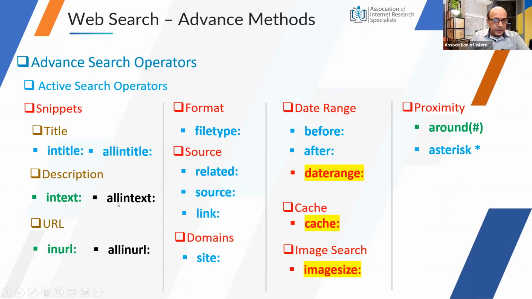It's pretty much the same for URL. When we are searching into a URL, we do inurl colon, and we also have the option to add the word all to it. So this is the area we organize under snippets: the three advanced operators intitle, intext, and inurl.